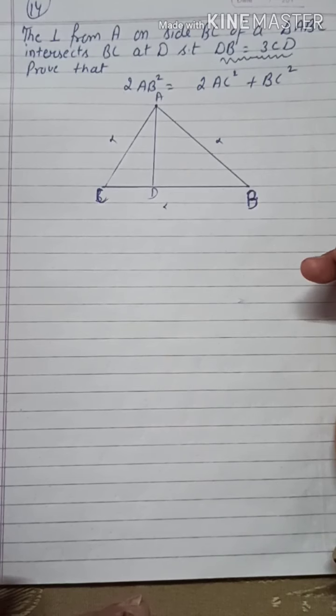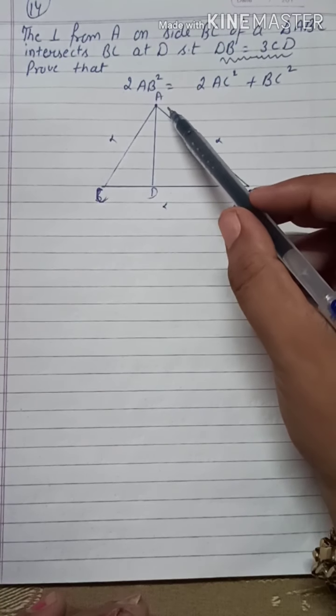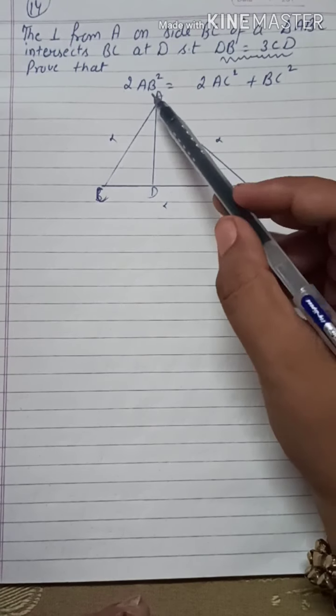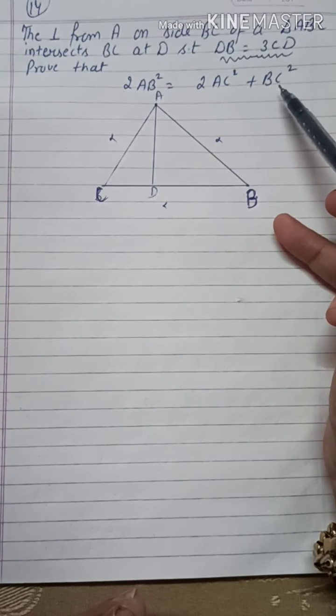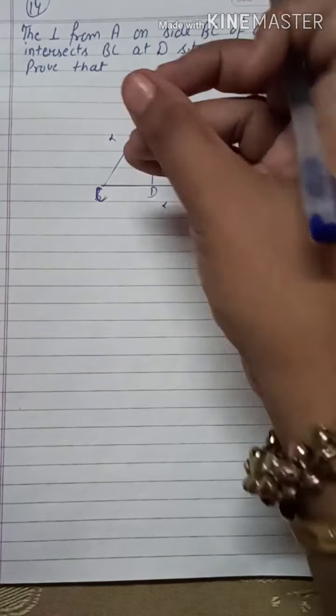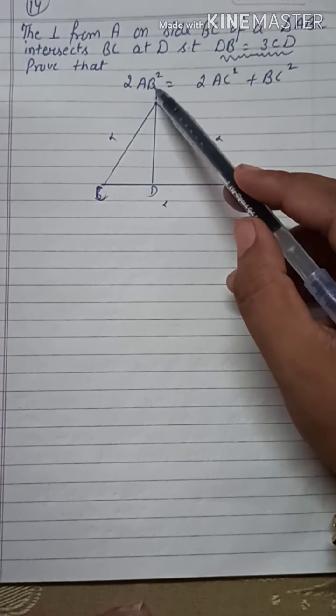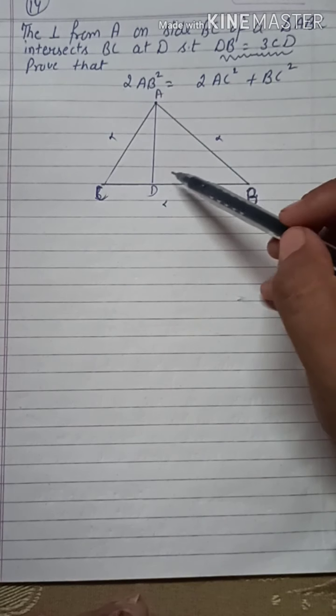Now we can apply the Pythagoras theorem from any of the right triangles, AB, AC or BC. We have to start from one side, so I am going to start from AB square. AB comes in the triangle ADB.